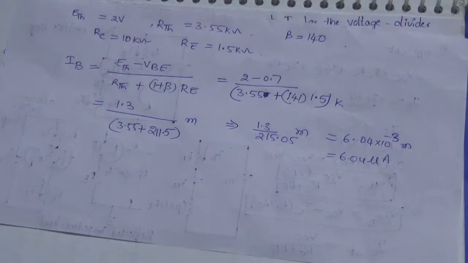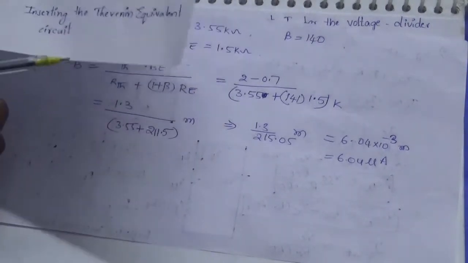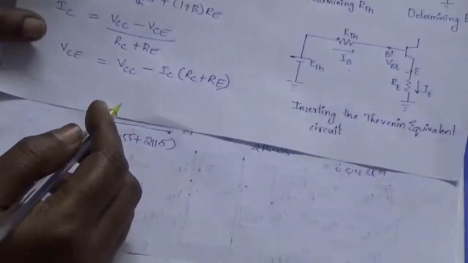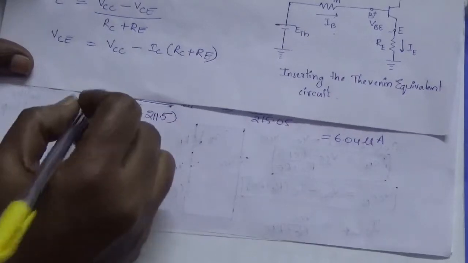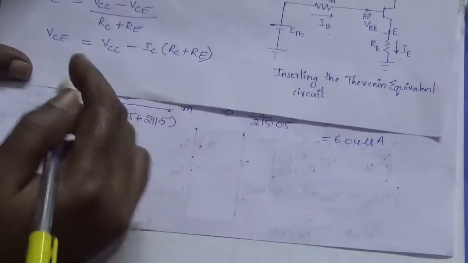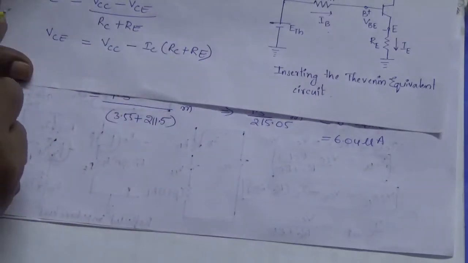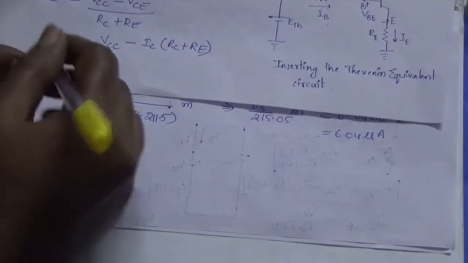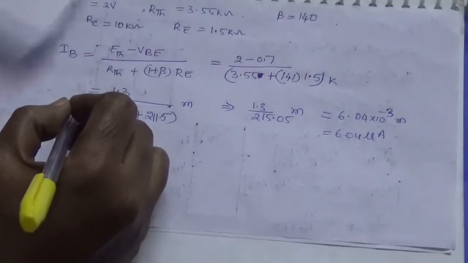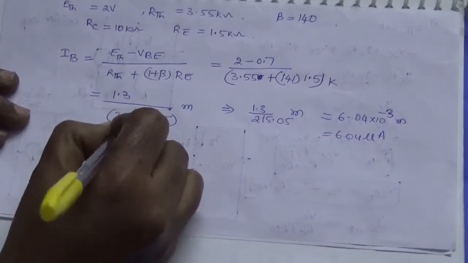Next, what do we have to find? We found IBQ. Next we have to find IC. We already learned a formula earlier. Which one? Beta plus 1 appears only for the input circuit. But here, what is IC? IC is going to be beta IB.